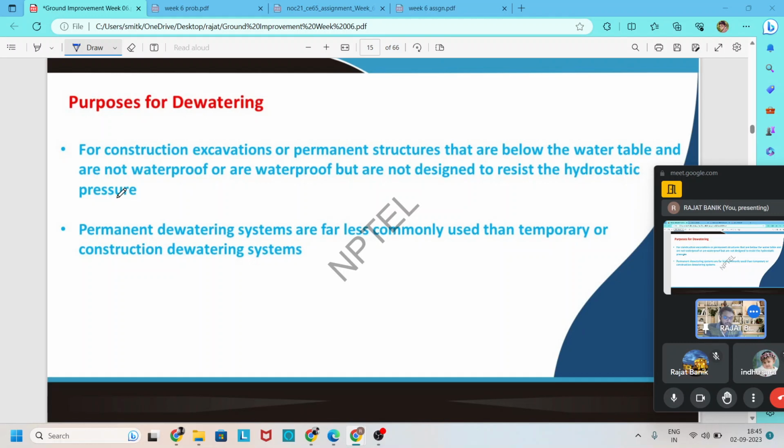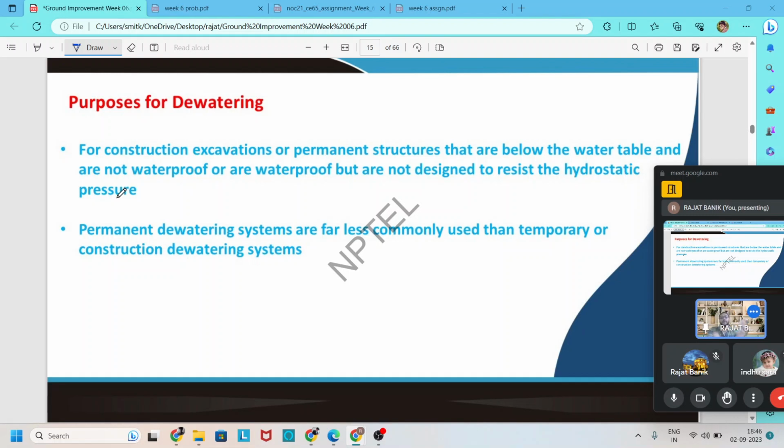Dewatering means we collect the water from the ground through a pipe or pump system, and by this arrangement we lower the groundwater table. So automatically the excess pore water pressure of the ground is reduced, effective stress is increased, and the strength of the soil also increases. Here there are two ways to dewater the soil: one is the permanent way, another is the temporary way.